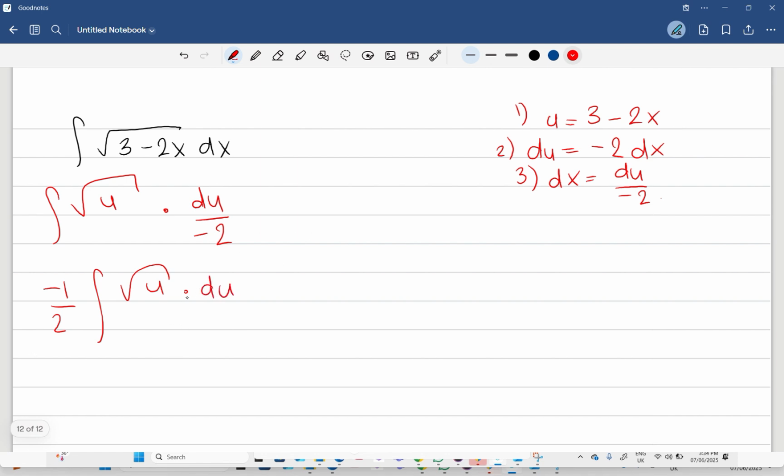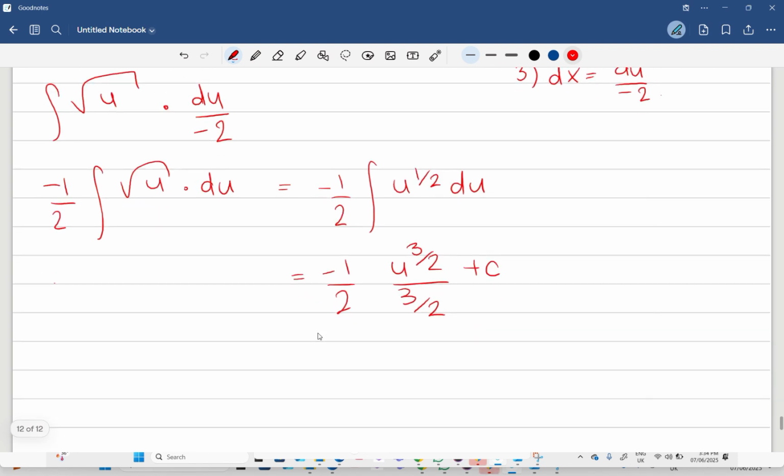Okay, now I'm going to integrate. I'm going to keep the negative half outside. The integral of u to the power of half du. So let's start solving it. Negative 1 over 2 times u to the power of half plus 1, which gives me 3 over 2, divided by 3 over 2, plus c.